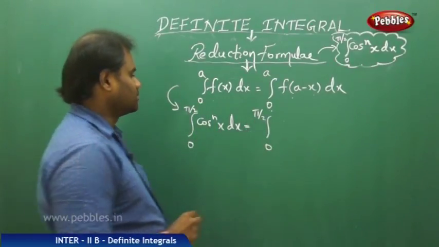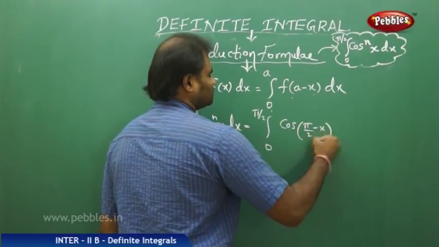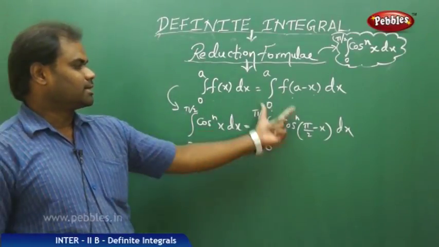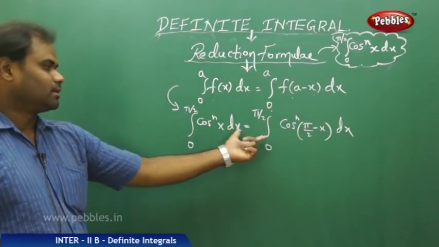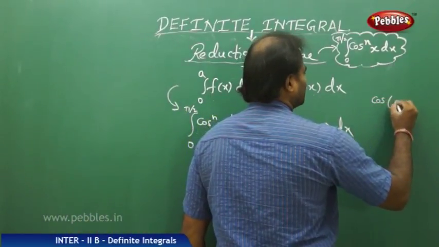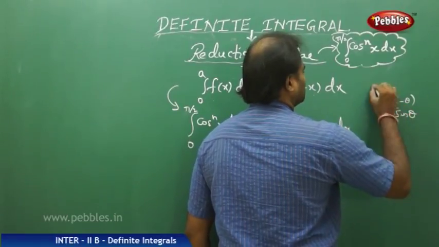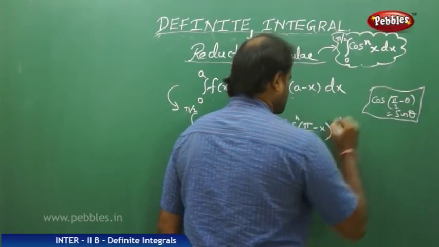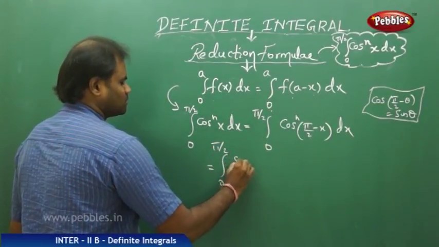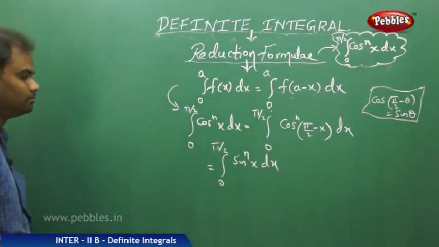So the right hand side is substituted with the left hand side and I get this. And as I know that cos of 90 minus theta is sine theta, this reduces to integral 0 to pi by 2 of sine power nx dx.